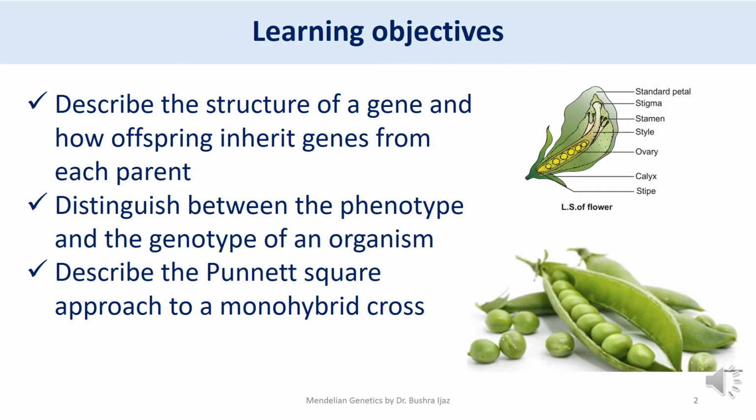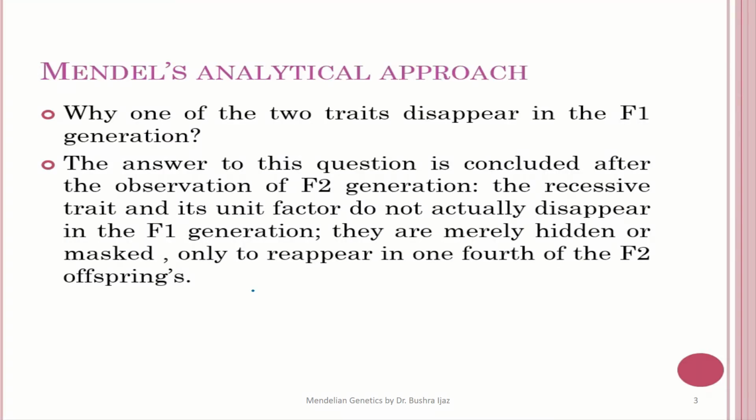So let's look at the part of our previous lecture on Mendel's experiment prepared by Dr. Sadaf. Mendel's analytical approach. We have already gone through this slide, but once again I'll repeat it just to link our two lectures. There was a question: why does one of the two traits disappear in the F1 generation? The answer to this question is concluded after the observation of the F2 generation.